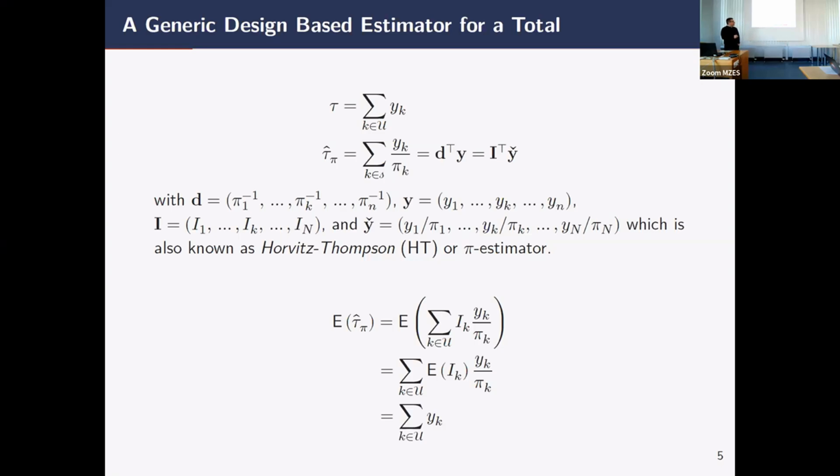So I can put the expected value into this sum. These are constants. These are non-random numbers. The expected value is equal to the observed value. And the expected value of the sampling indicator is equal to the inclusion probability. So this cancels out, leaving us with the total for the whole population.